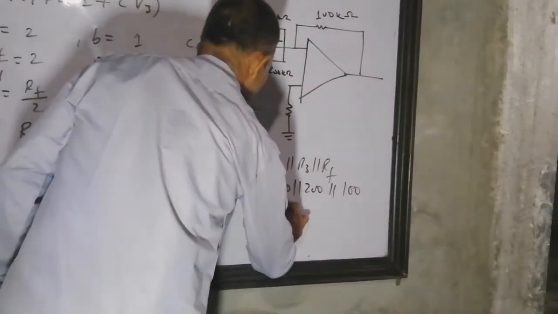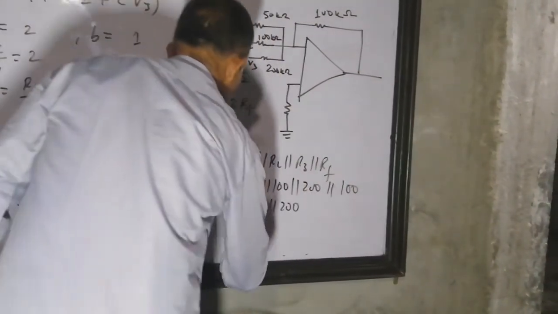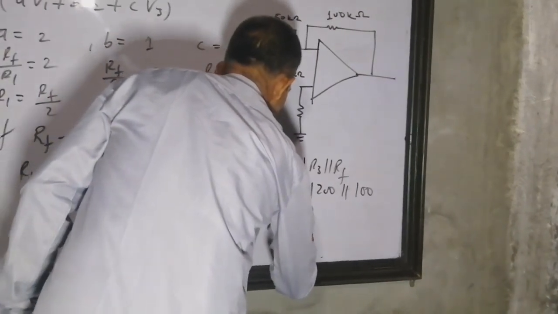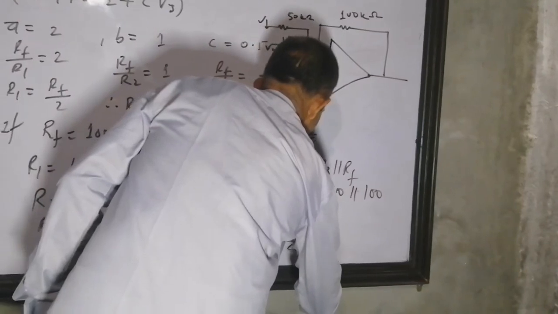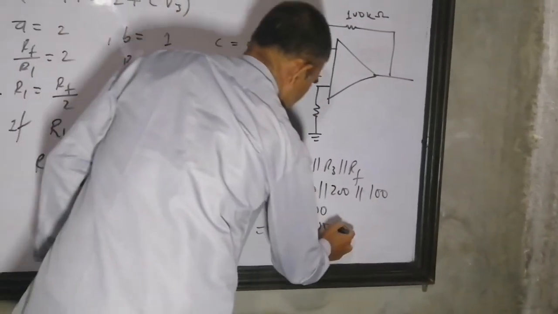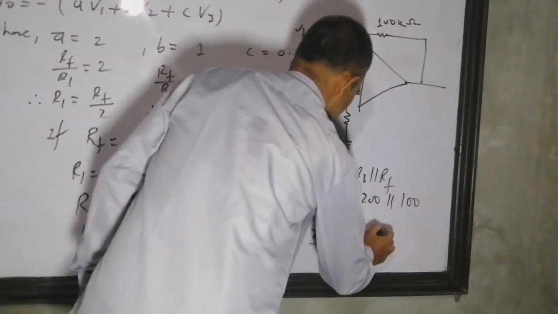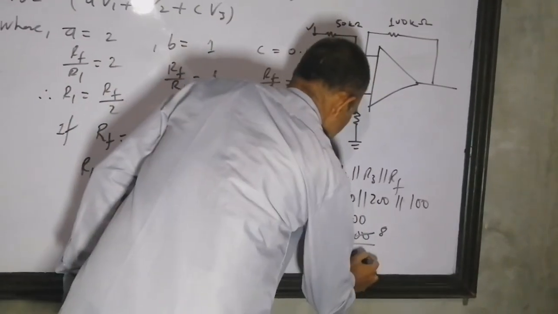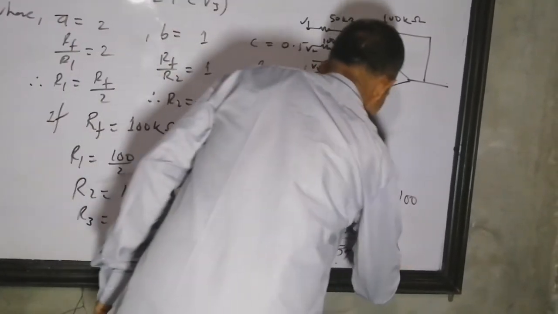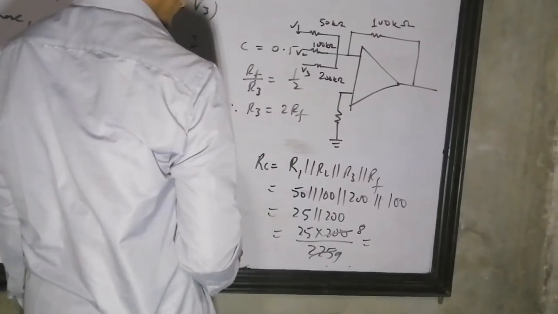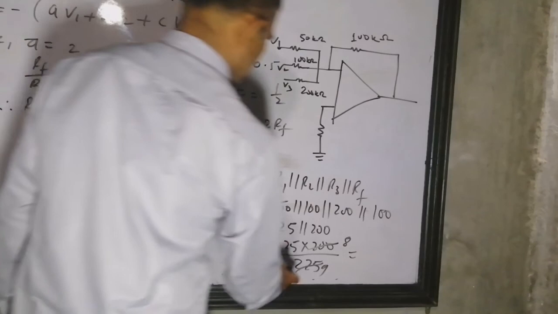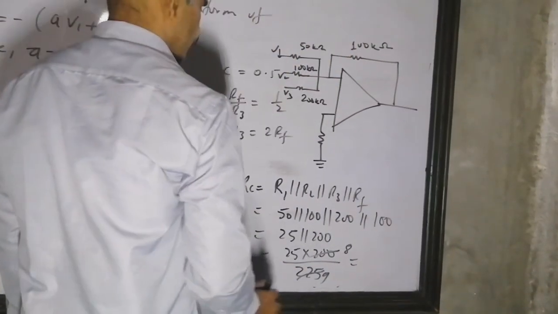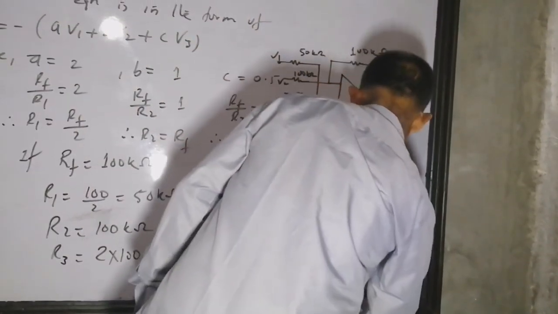So 25 parallel 200. You know that is product by sum, 25 into 200 divided by 25 plus 200, that is 225.